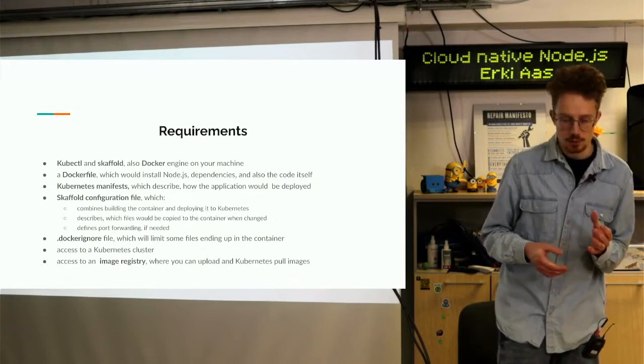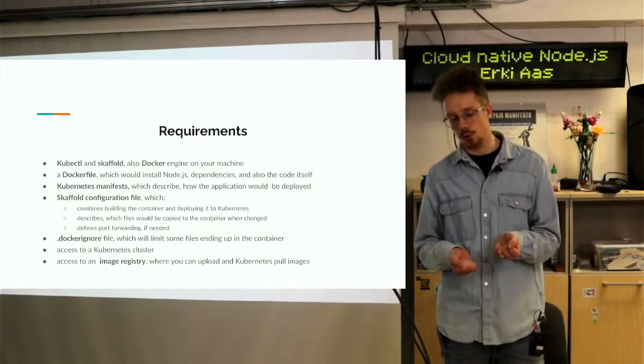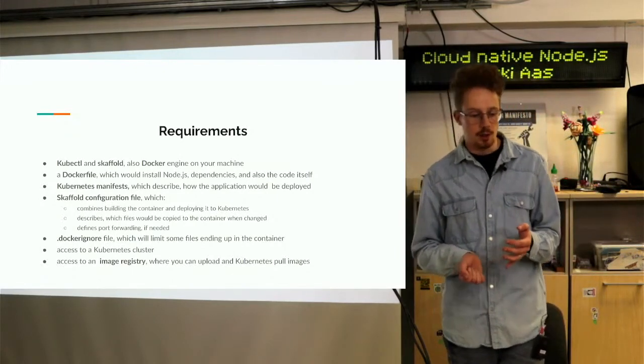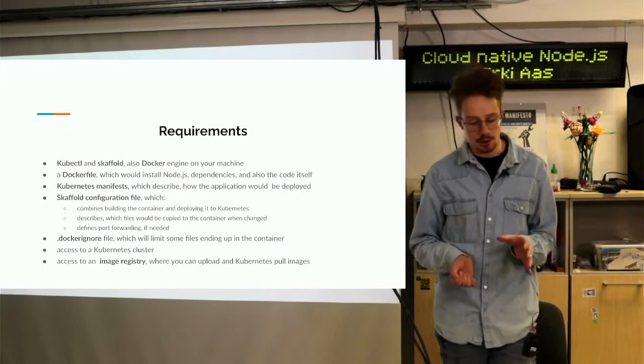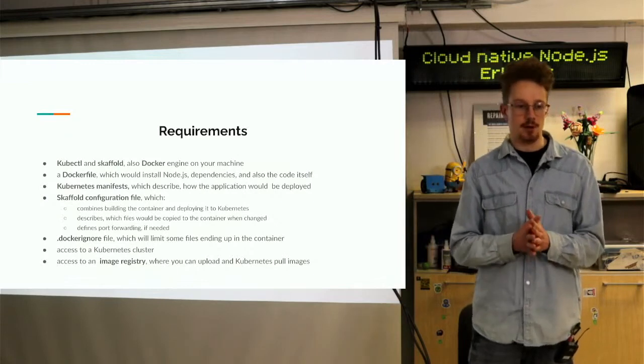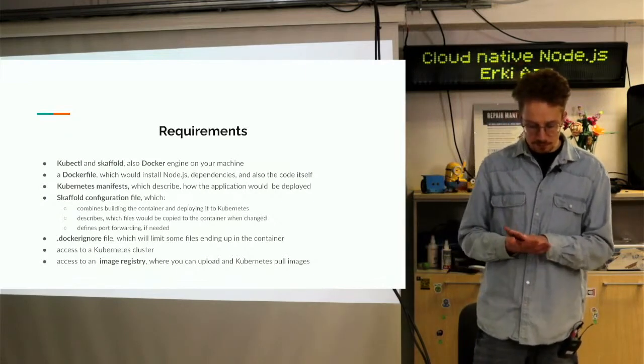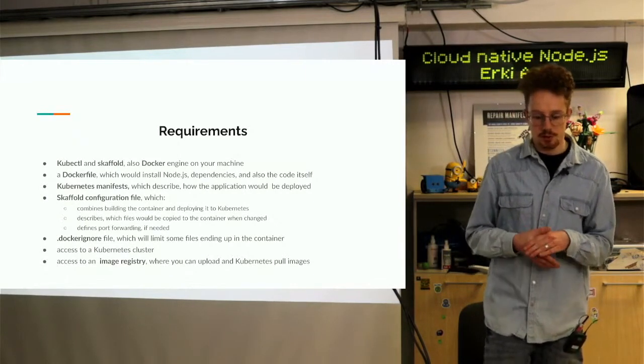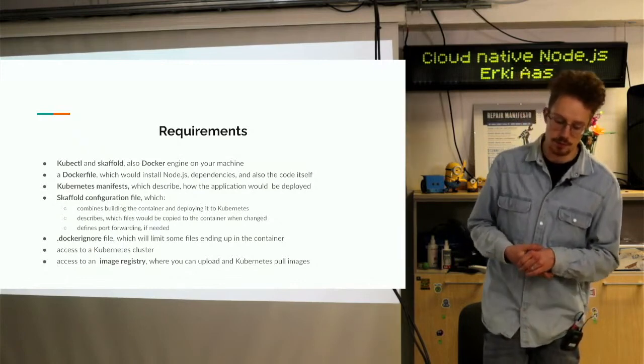But let's say you change the Node version in the Dockerfile, then of course you would have to rebuild the container to get the desired effect. And it is also possible to do port forwarding, which we will talk about a little bit later.